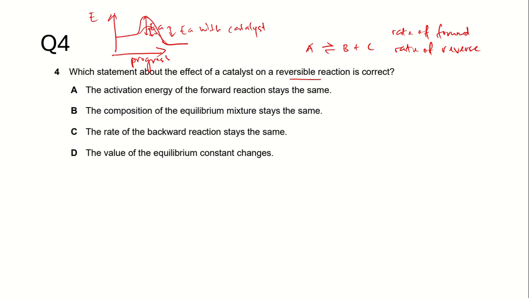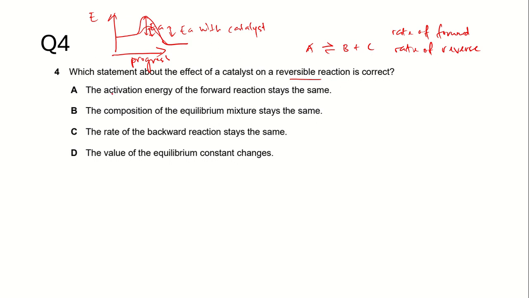With catalyst, activation energy is low. Now the reverse reaction, from product to reactant: without catalyst, activation energy is high; with catalyst, activation energy is also lowered. So the rate of forward and reverse reaction will be increased with the use of a catalyst. But other than that, nothing will change.